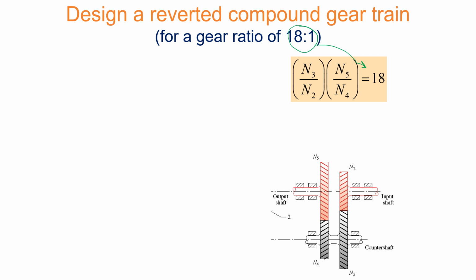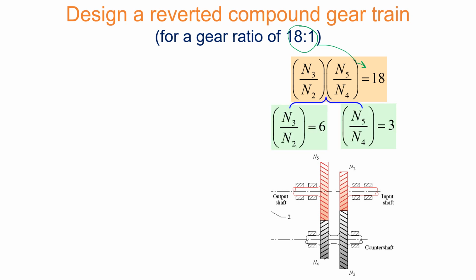Once you have that, you can factorize. I can opt for, let's say, one combination where you have 2 into 9 to produce 18, and another alternate option where you have 3 into 6 to be equal to 18.